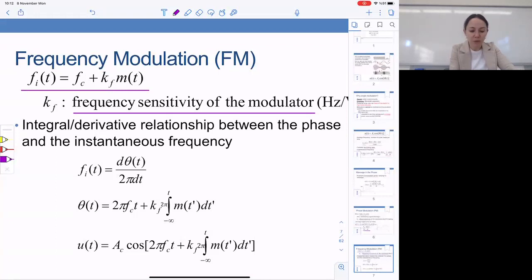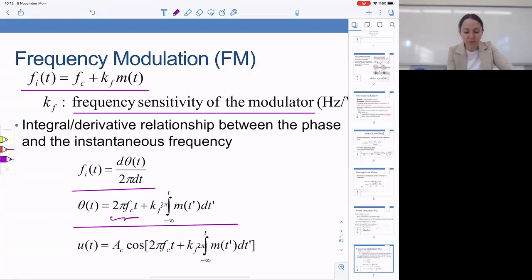The instantaneous frequency is the derivative of the phase. Therefore, the phase is the integral from negative infinity to t of the instantaneous frequency. When we do the integration, you will see that we have 2 pi fc t in the phase plus kf times 2 pi times the integral of the message.